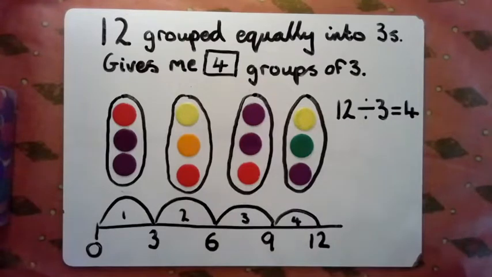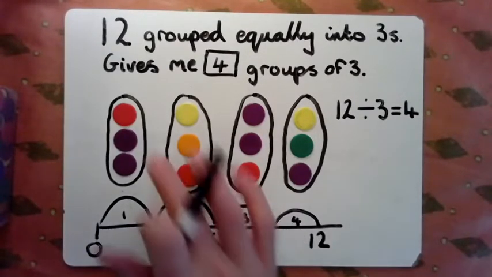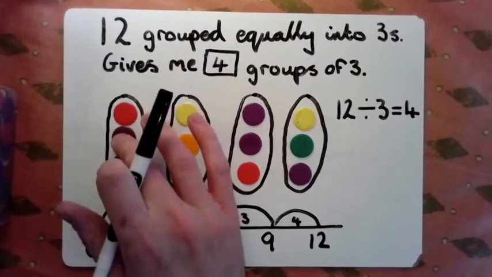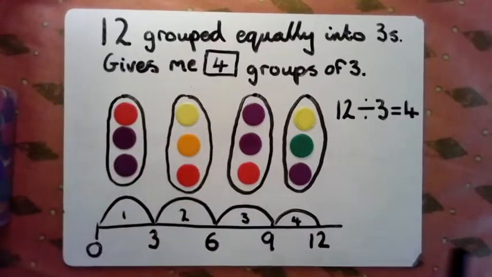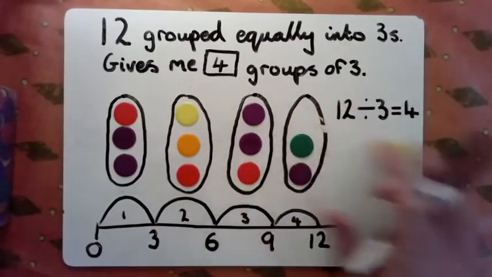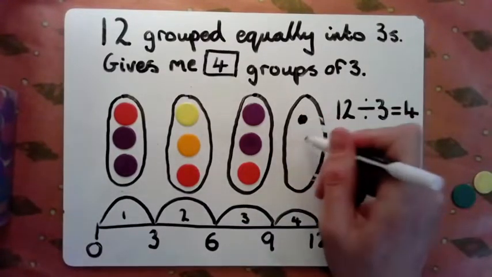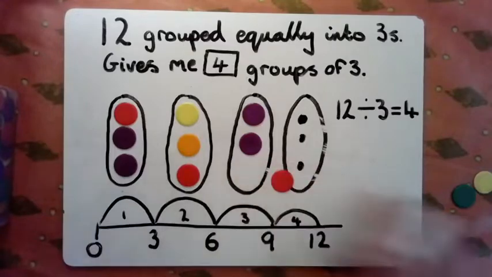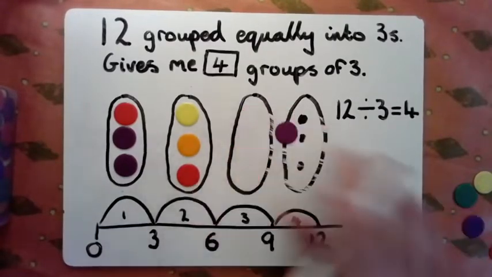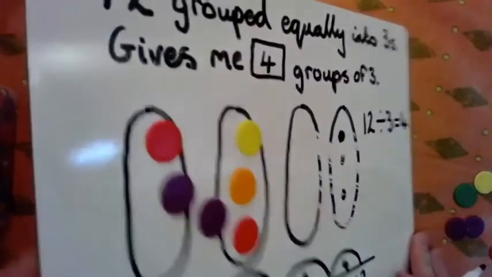Now, real simple, when you're writing this down, you're not going to be able to put the counters and stick them in place. So what we can do is replace these counters, without rubbing too much off, with a pictorial version of the counter. In fact, let me slide all my counters off.